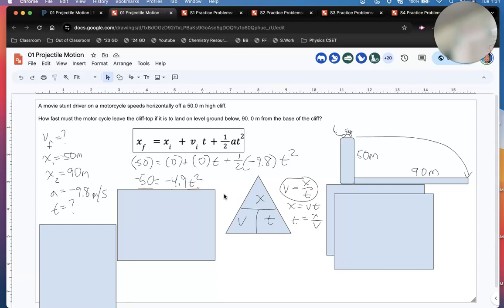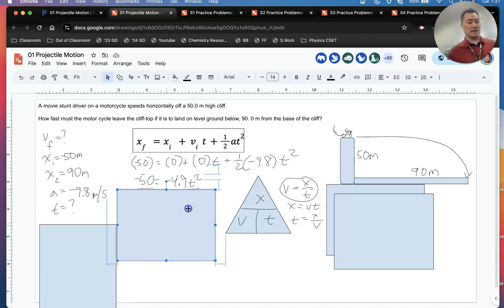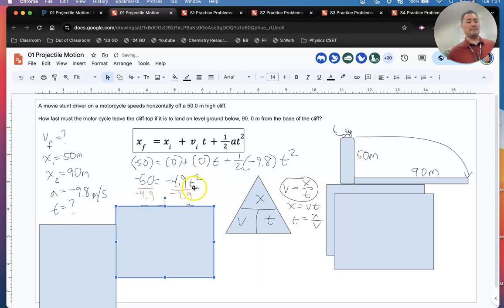What's the first step? Divide. And the reason you want to cancel what out? Okay. So you want to leave the t alone, but cancel out the negative 4.9. So in your calculator, give us negative 50 divided by negative 4.9.